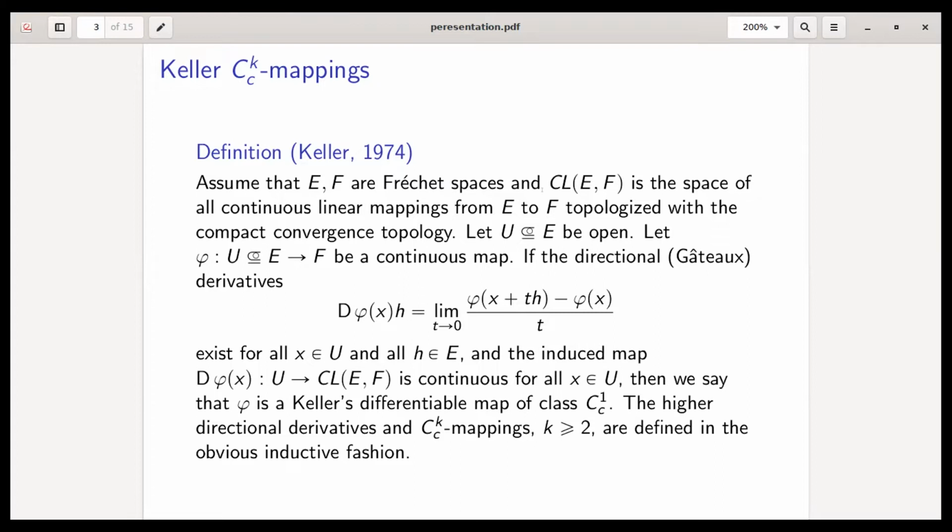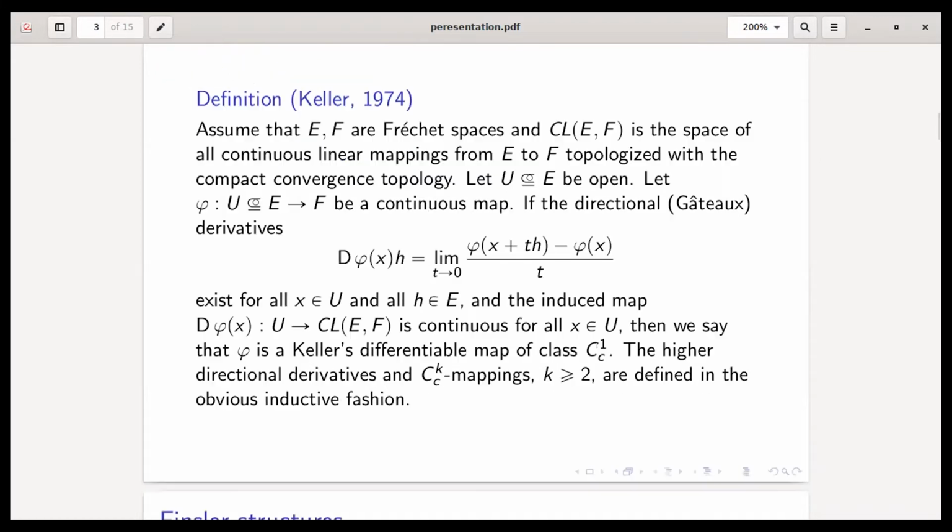But in that definition, we don't use a topology on the space of continuous linear mappings, which is essential for us here to develop the critical point theory. So we will use this type of differentiability.